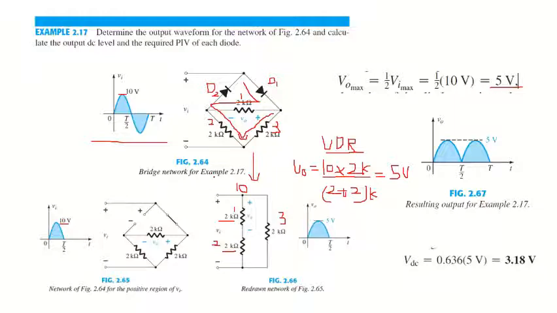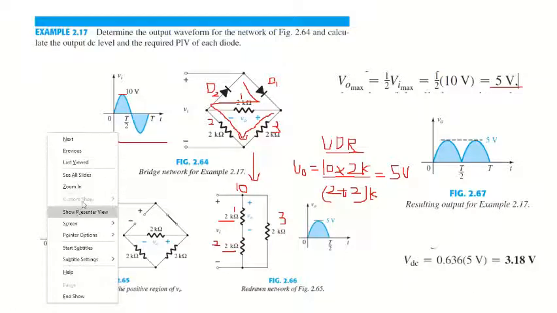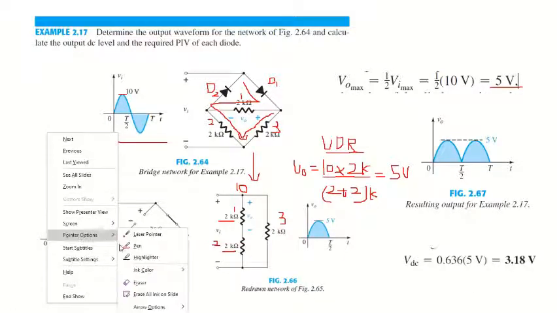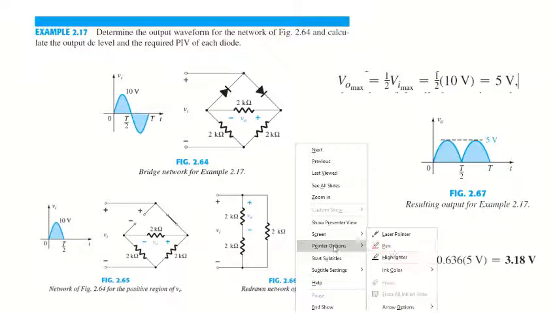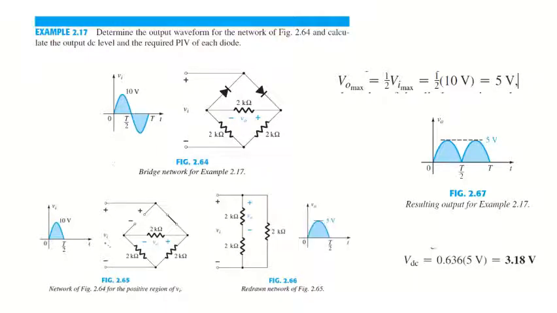Now coming to the negative half cycle, let me clear the screen. For the negative half cycle, this diode will be off, whereas this diode will be in the on state. So let me convert this here.